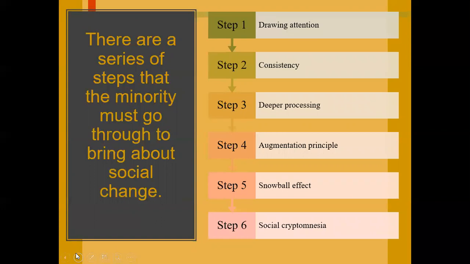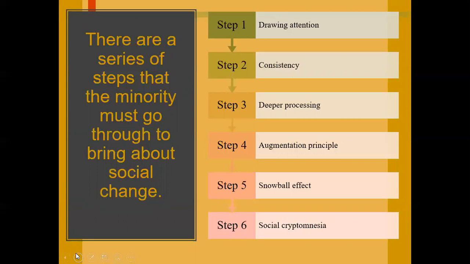Step 1 is drawing attention. Step 2 is consistency. Step 3, deeper processing, or we can use the key term of internalization. Step 4, the augmentation principle. Step 5, the snowball effect. And step 6 is the one that you're not familiar with. So this is a new concept, and it is called social cryptomnesia.